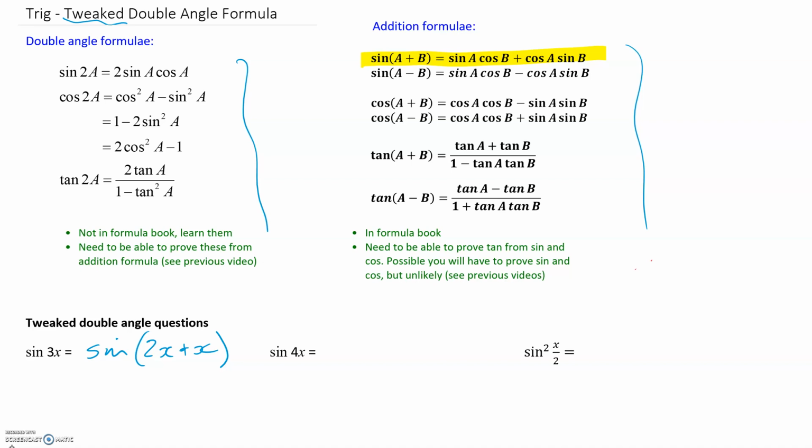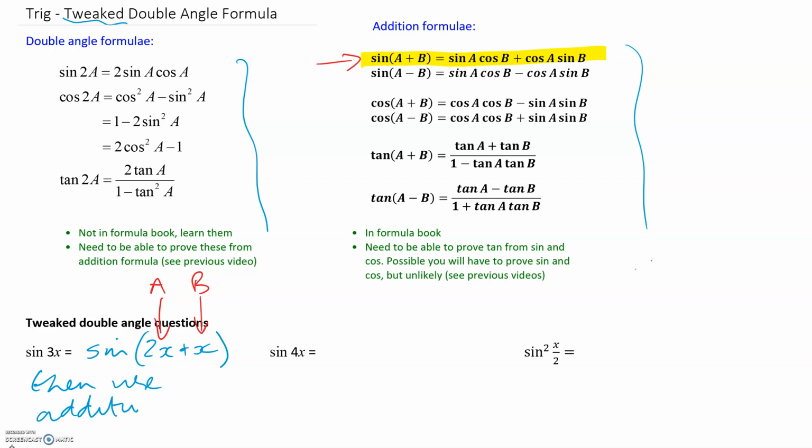So you would then just let a equal 2x and let b equal x in the top addition formula there. So that's how you would deal with that.